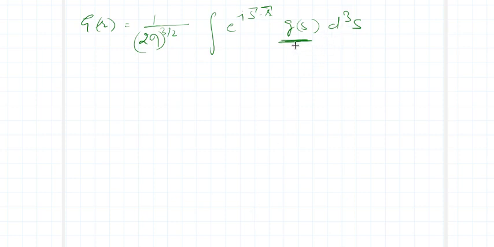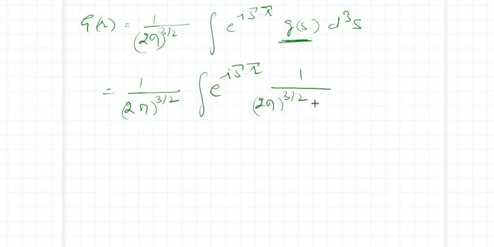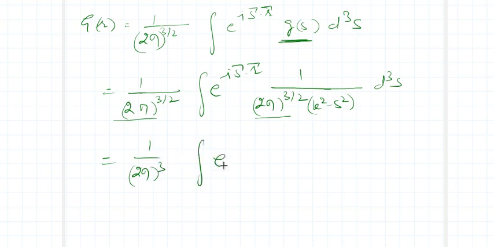So it is g(s) d cube s, and the value of g(s) can be obtained from equation 6, and it will be equal to 1 over (2 pi) raised to power 3 by 2 e raised to power iota s dot r, and 1 over (2 pi) raised to power 3 by 2, 1 over k square minus s square, d cube s. Let me simplify it, both will be put together. Then it is 1 over (2 pi) raised to power 3 integral of e raised to power iota s dot r over k square minus s square, d cube s.